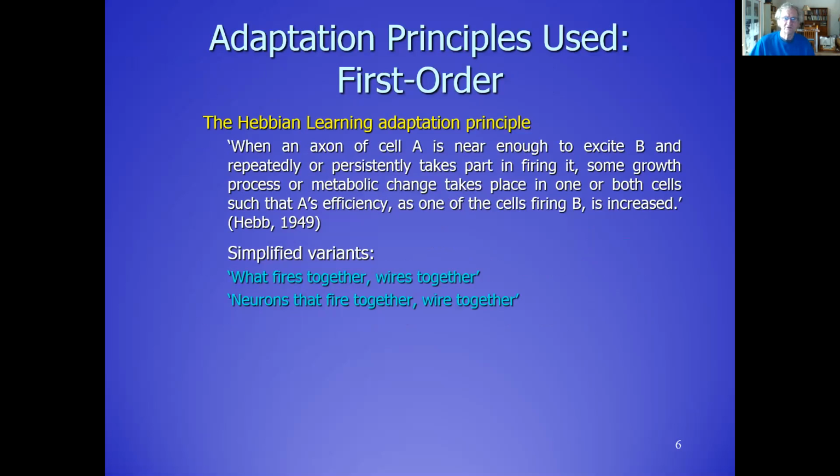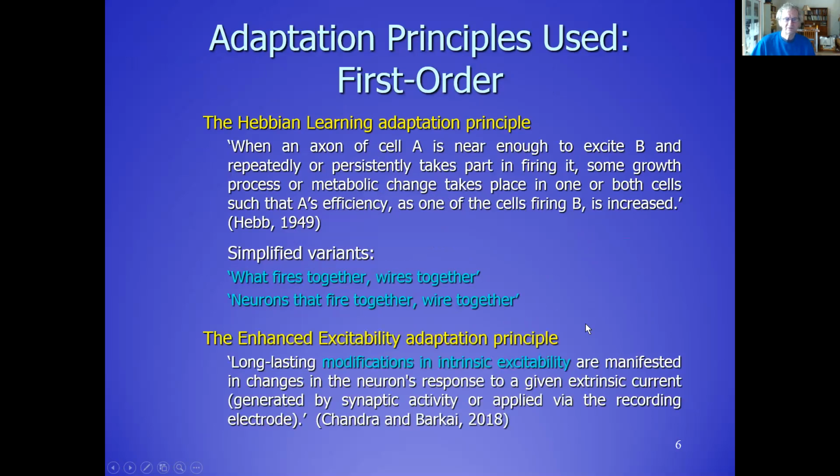Within the first order self-model, we use 2 first order adaptation principles. One is Hebbian learning, like neurons that fire together, wire together. And another relates to the modification of intrinsic excitability of nodes. This is described, for example, here.